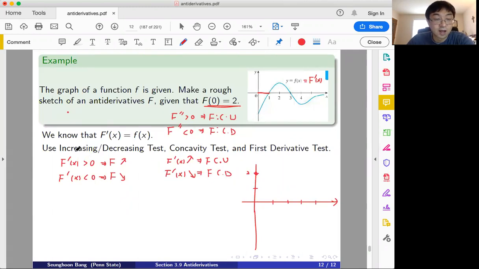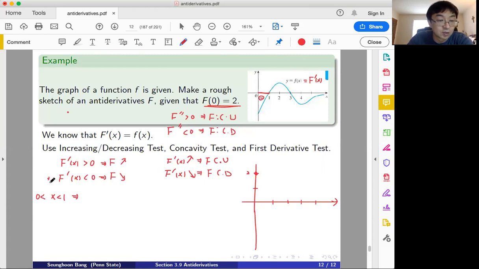For x from 0 to 1, is the graph of F increasing or decreasing? It is decreasing, because f of x is a negative number, less than 0.